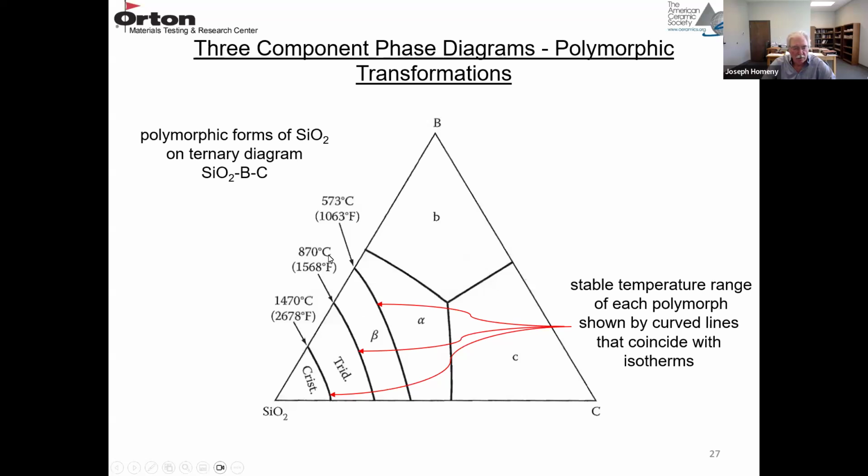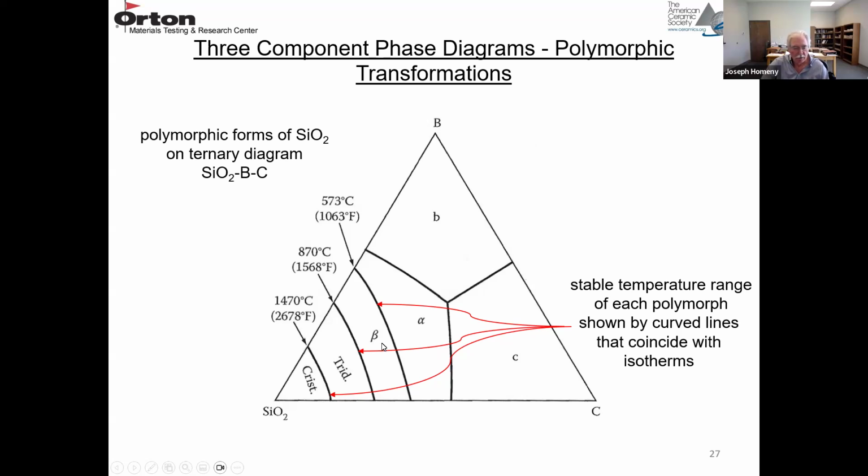From a thermodynamic standpoint, beta quartz is supposed to transform by a reconstructive phase transformation to tridymite. Thermodynamics says that happens at 870, but the kinetics are so slow. Realistically, 1400 degrees C is where that reconstructive transformation takes place.